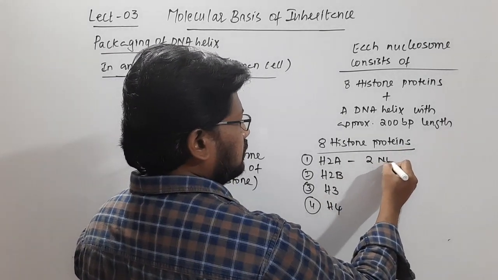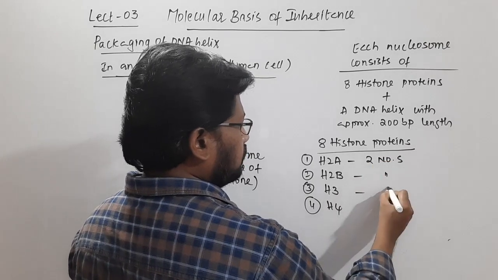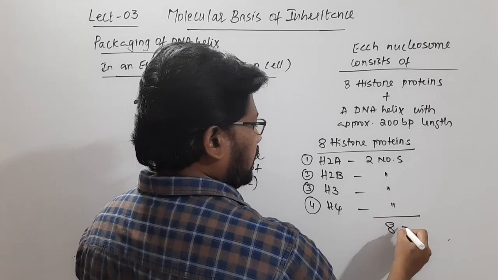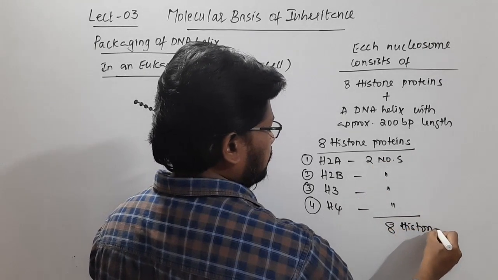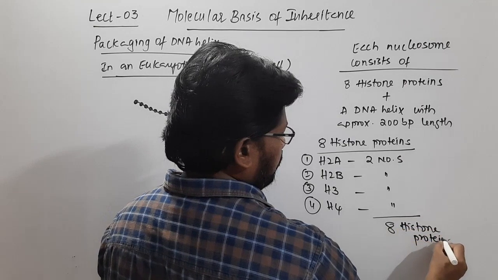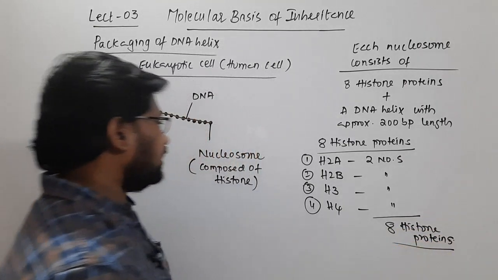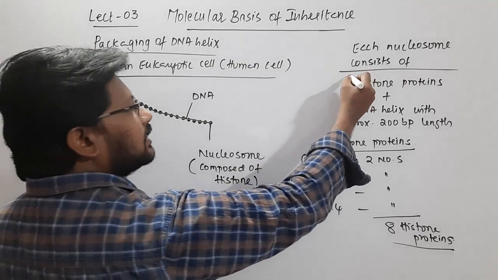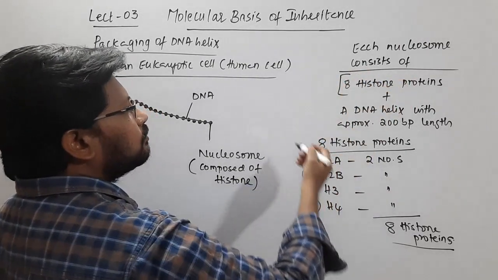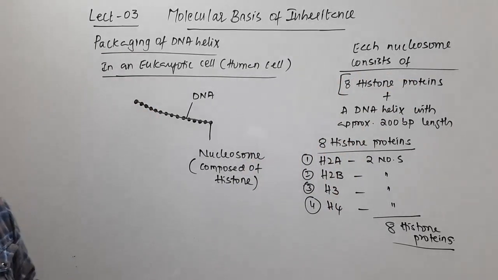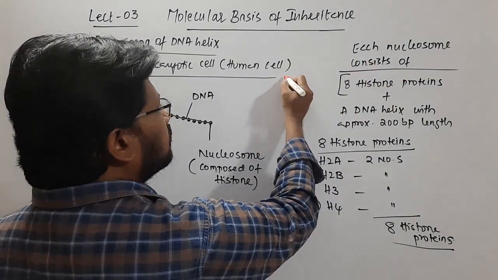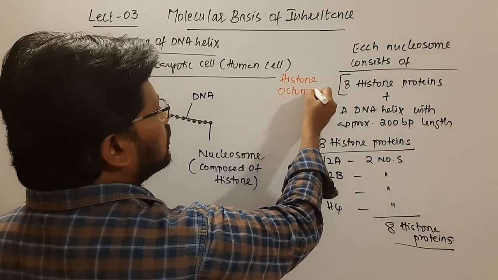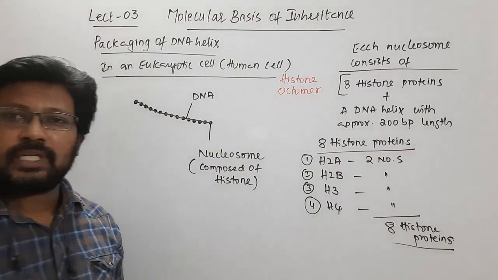So this is present in 2 numbers, this is also 2, also 2 and also 2. In total we have 8 histone proteins. So that's why it's called an octamer. As it is made up of 8 histone proteins, it is called a histone octamer.